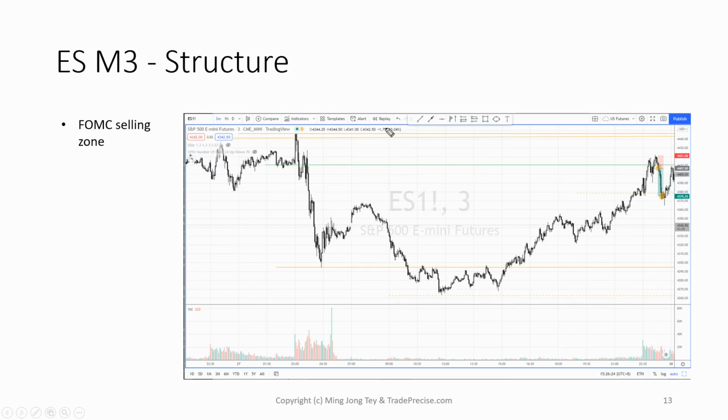If you take a look at the structure, this is a 3-minute structure. The previous selling zone based on the FOMC is right here, and I drew a green line somewhere around 44.10. That is the zone I'm leaning on, and I'm waiting for some kind of rejection.